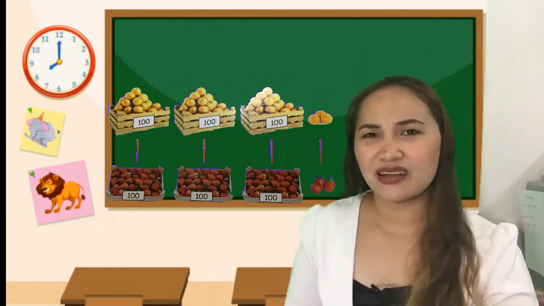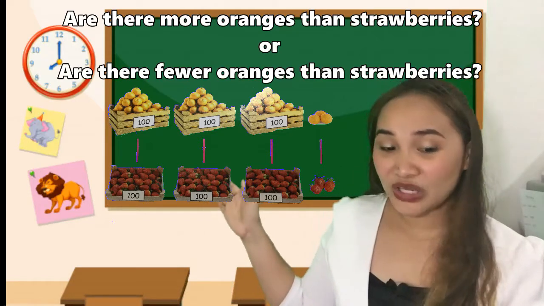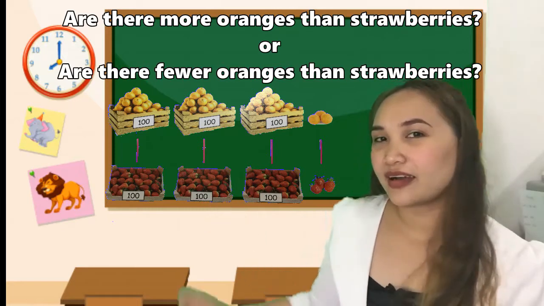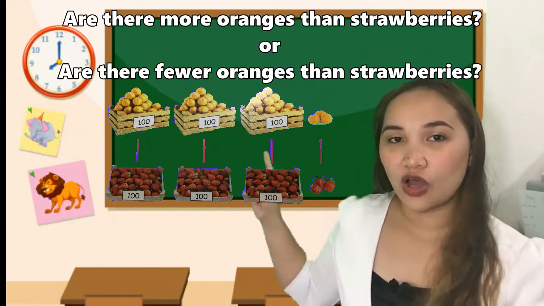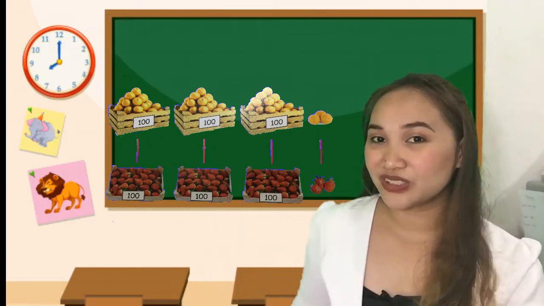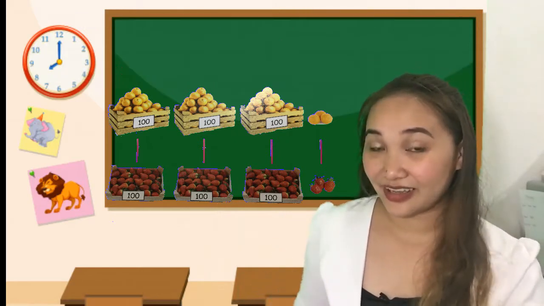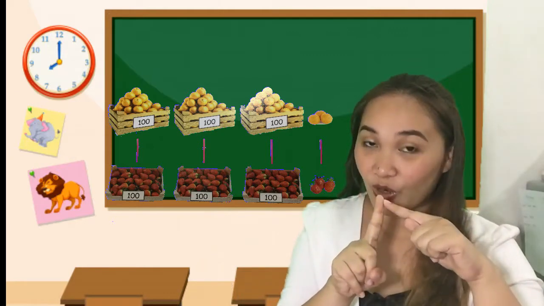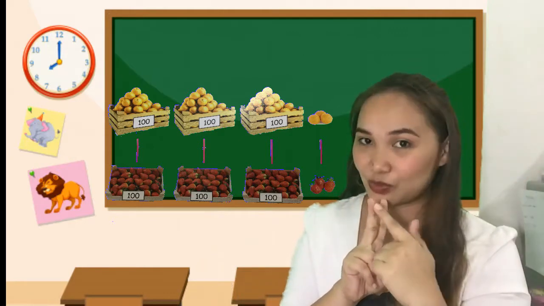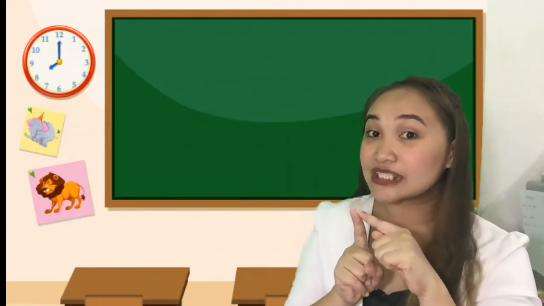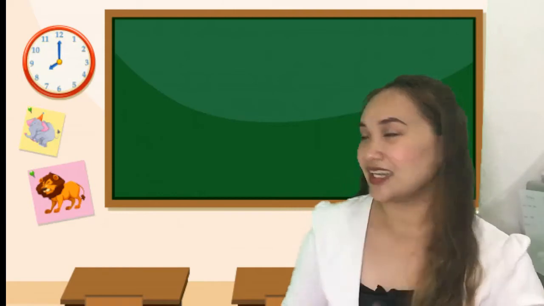Alright, so are there more oranges than strawberries? Or are there fewer oranges than strawberries? How many different fruits do we have here? Yeah, we have two different fruits. We have oranges and strawberries. Okay, so let's count the oranges first.